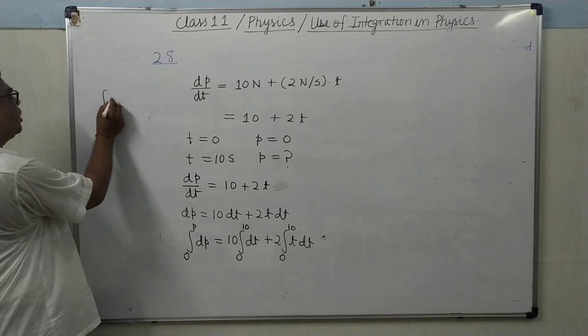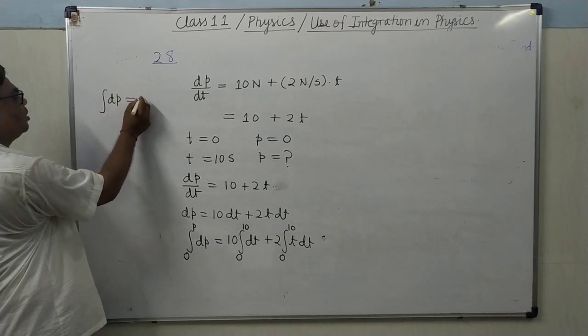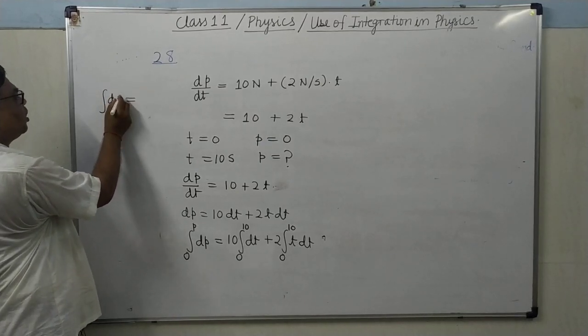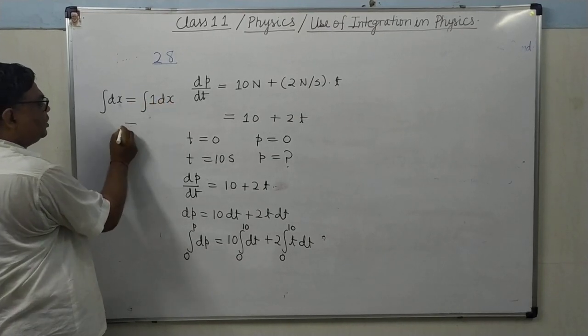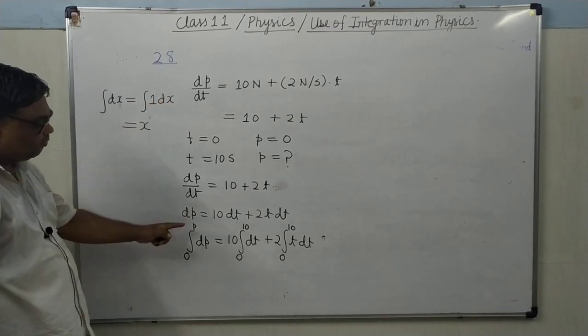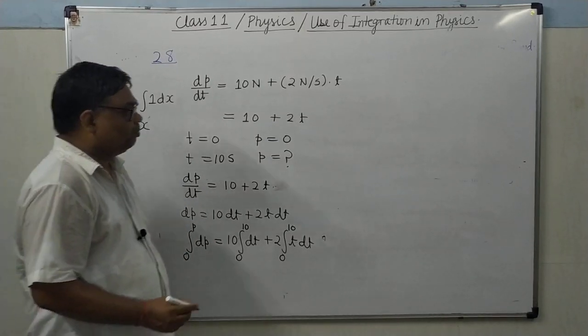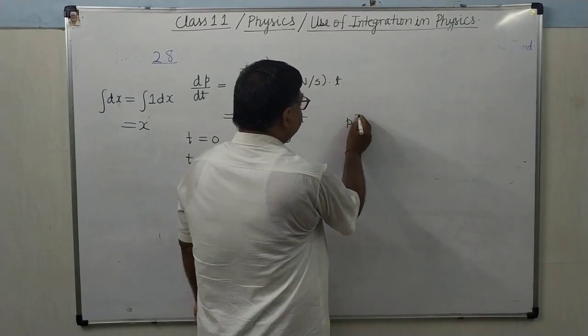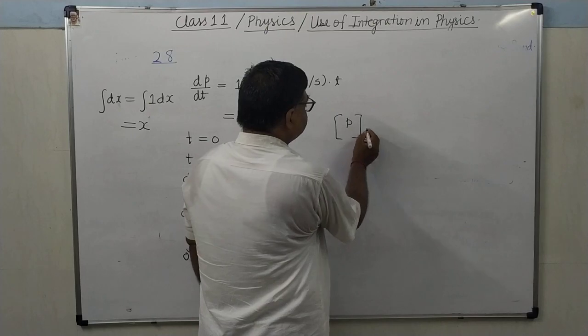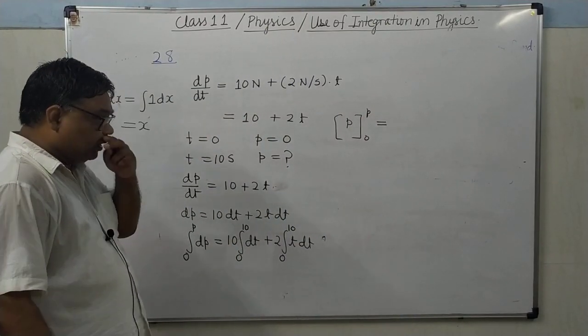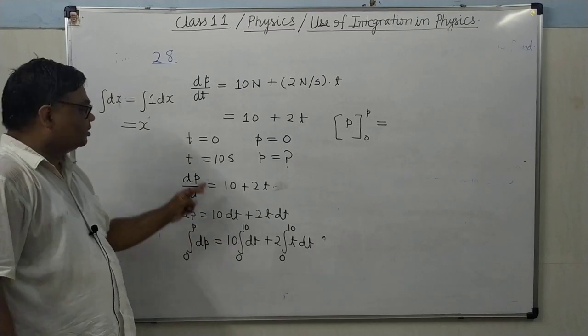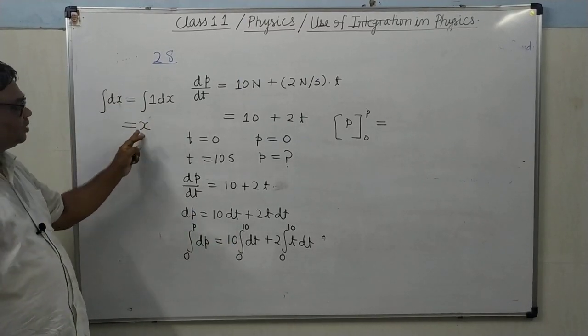As you know, integral dx equals what? Already I have told you in the beginning, integral 1 dx equals x. In the same way, integral dp will be equal to p, with limits from 0 to p. Integral dt means t.